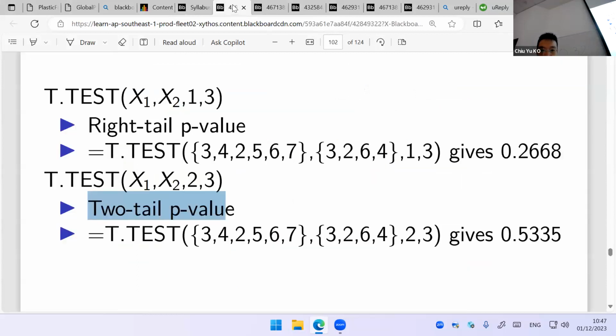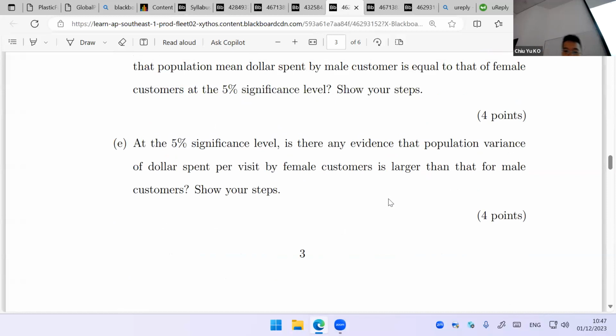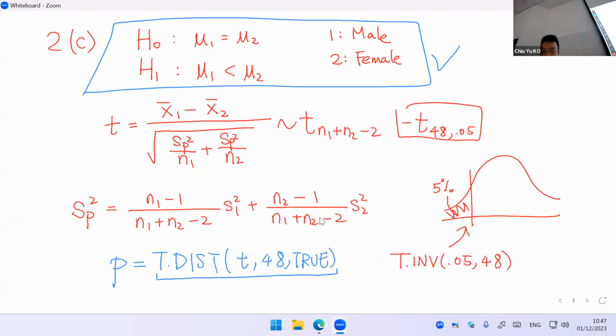Now what's left is this: at the 5% level, is there any evidence that the population variance of female is larger than that of male? So it's comparing variance, so immediately you know it's going to be an F test, because it's the only thing we talk about for comparing variance.